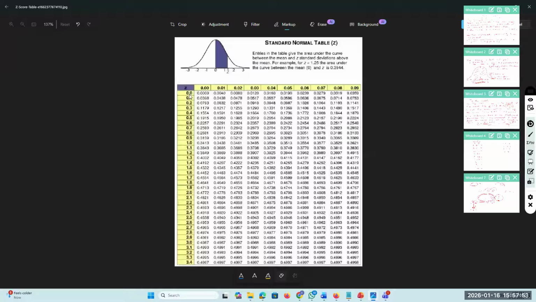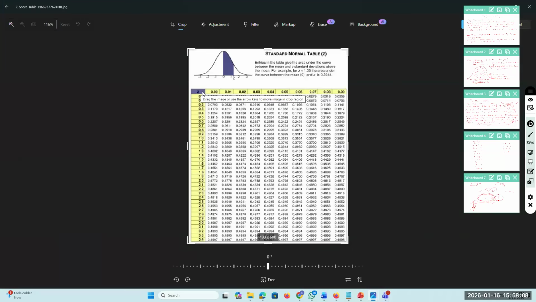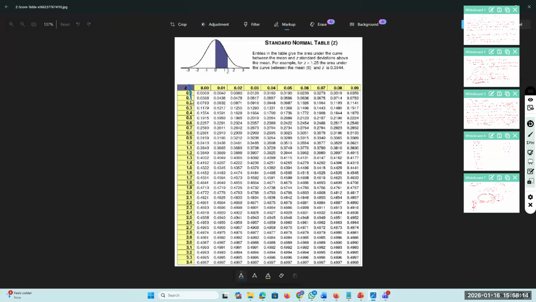So I'll come here and look for 1.4. 1.4, the first one. Then 0.07, it comes up here.